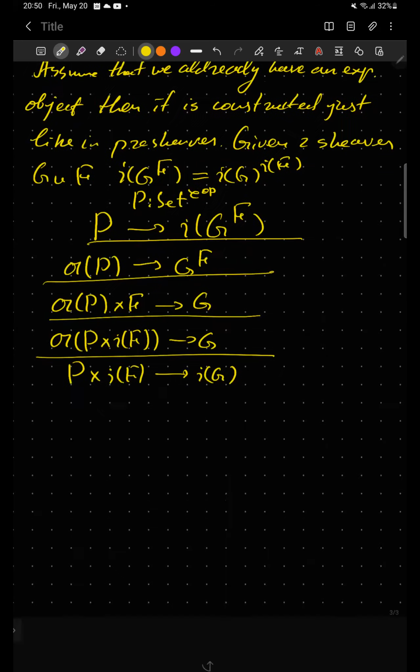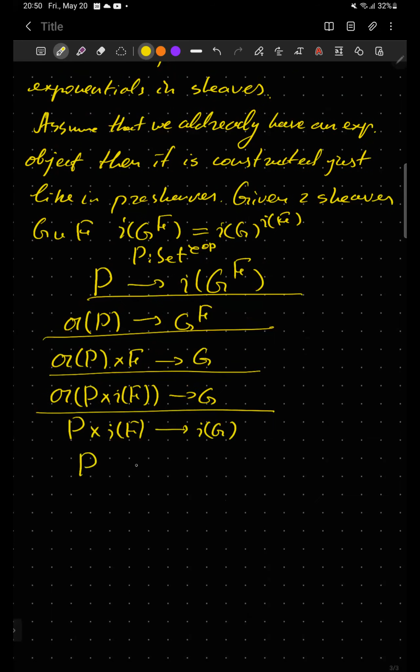And finally, since we have an exponential in pre-sheaves, we see that there is indeed a bijective correspondence between maps from P to IGF and maps from P to IG IF.